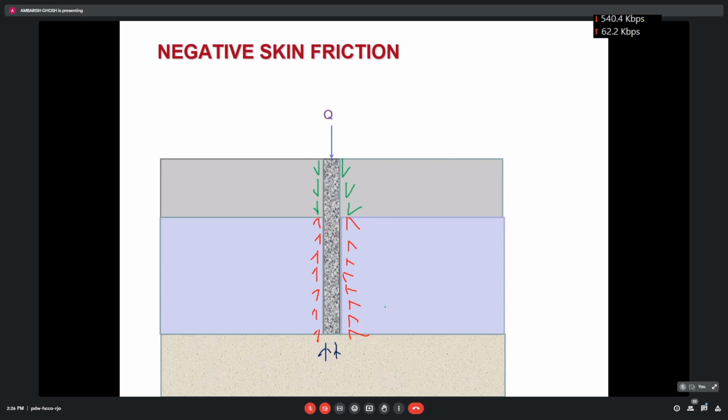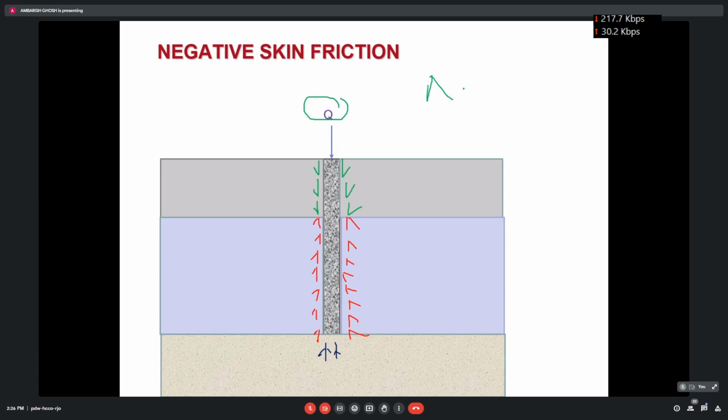Yes, sir. But in the earlier one, this one plus this one equals this one. So which one is taking less load? The second one, sir. So this one is taking less load. By how much? By this much, the negative skin friction part, isn't it? Yes. And calculation of negative skin friction is very easy.